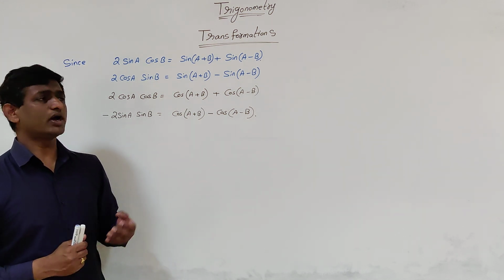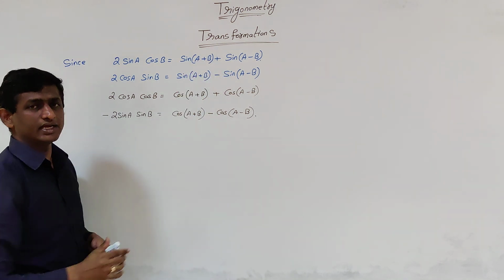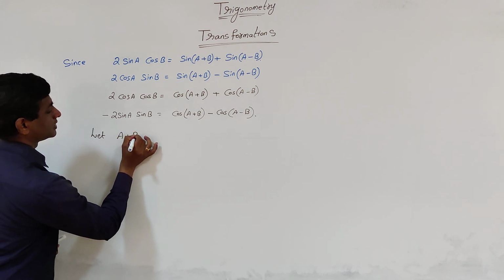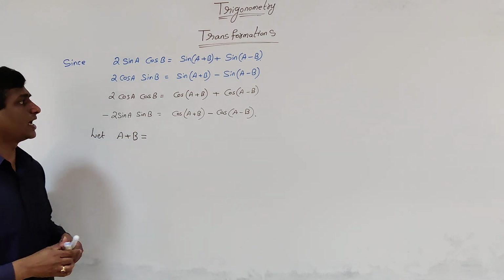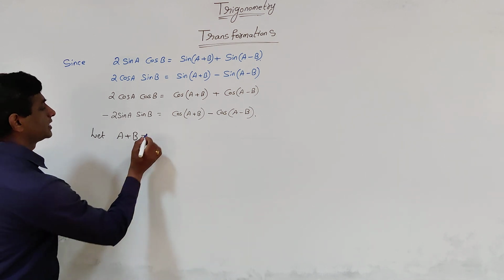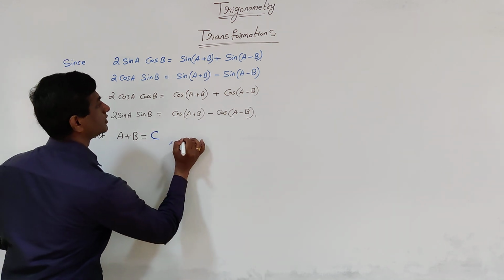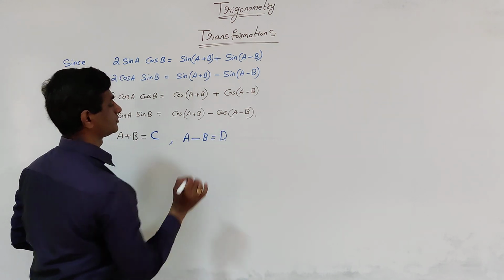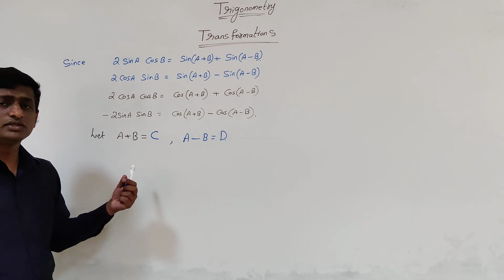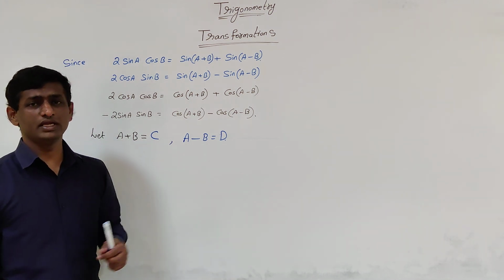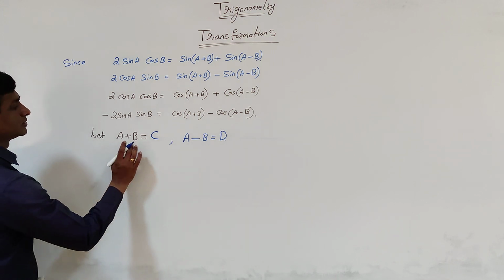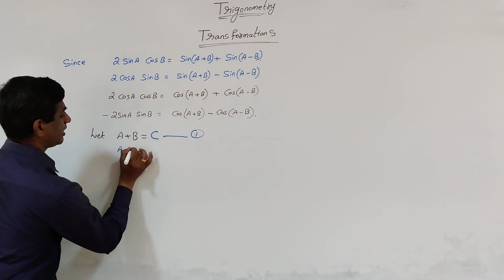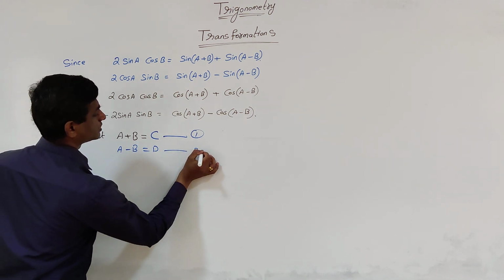Minus 2 sin A sin B can be written as cos of A plus B minus cos of A minus B. So assume the sum of 2 angles, A plus B, is C, and A minus B, the difference of 2 angles, is D. Let us rewrite the values of A and B in terms of C and D. So this is equation 1, and A minus B is equal to D is equation 2.